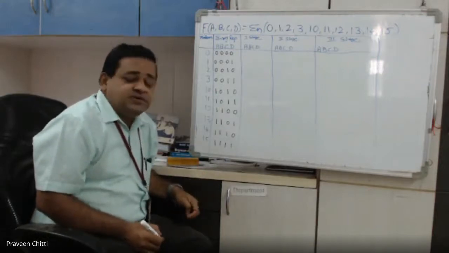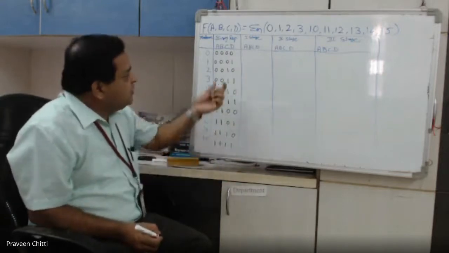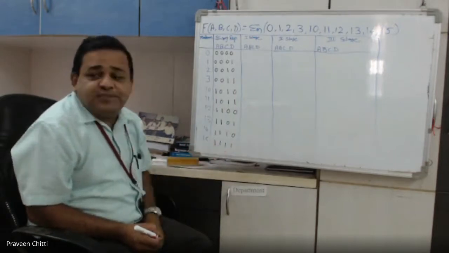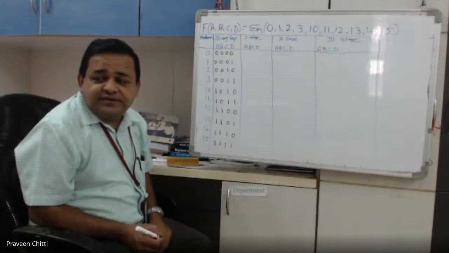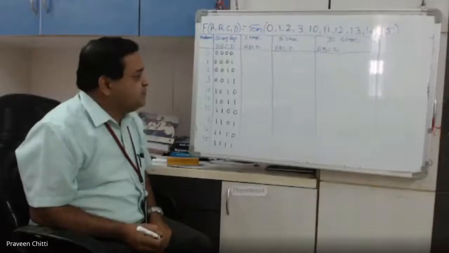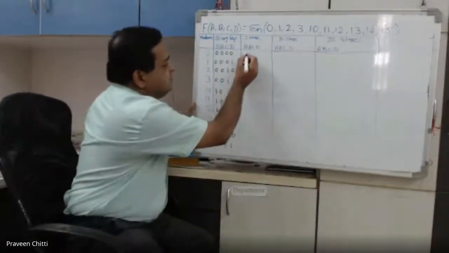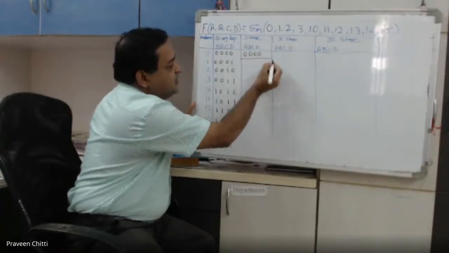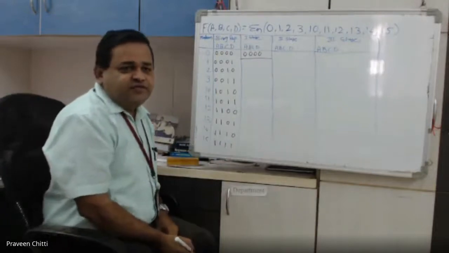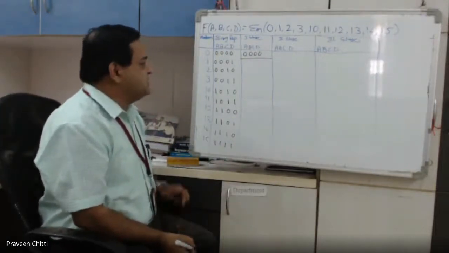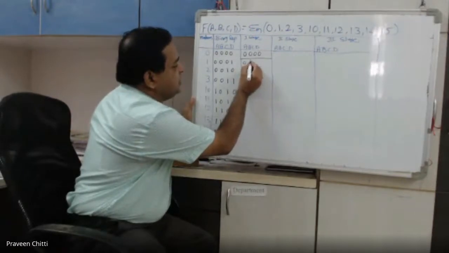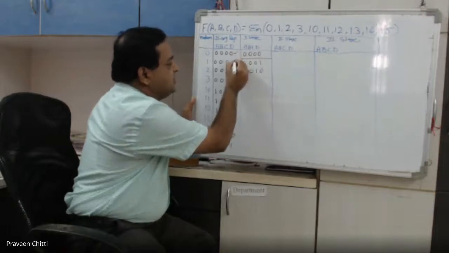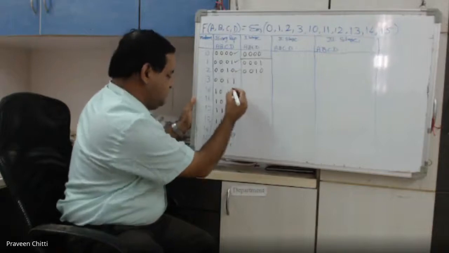What is the first stage now? I have to rewrite these binary numbers according to the number of ones present. First I get 0, 0, 0, 0. There are no ones, so that is the first group. The second group is where there are single ones: 0, 0, 1, 0, and this one, and this one.